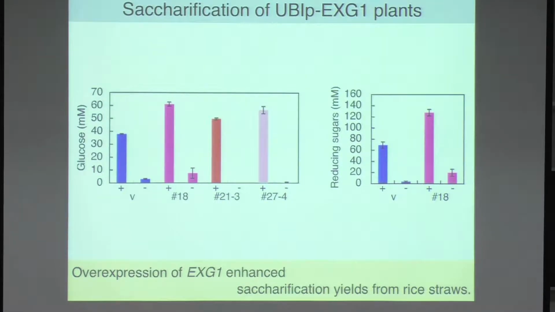As you see here, the exoglucanase overexpressing plants showed higher saccharification yields compared to the control plant, focusing on glucose or reducing sugars including glucose. So overexpression of EXG1 exoglucanase enhanced saccharification yields from rice straws.